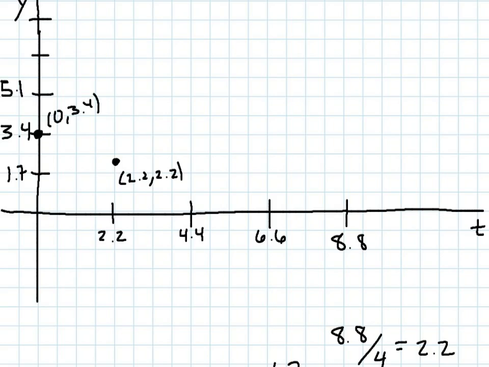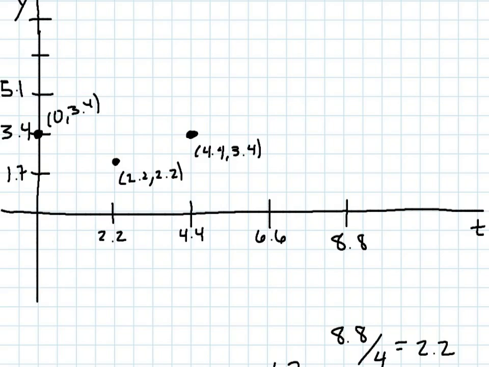This one will be 0, comma 3.4. Now because this is your sinusoidal graph, so it's either sine or cosine, it should oscillate back up to the average, which would be 3.4. So 4.4 is the x value, or the t value in this case, comma 3.4.